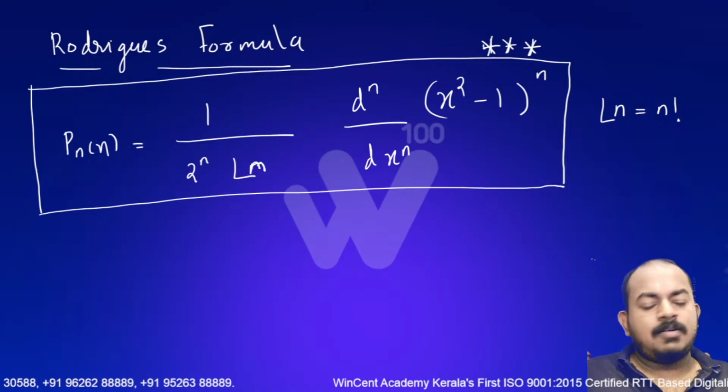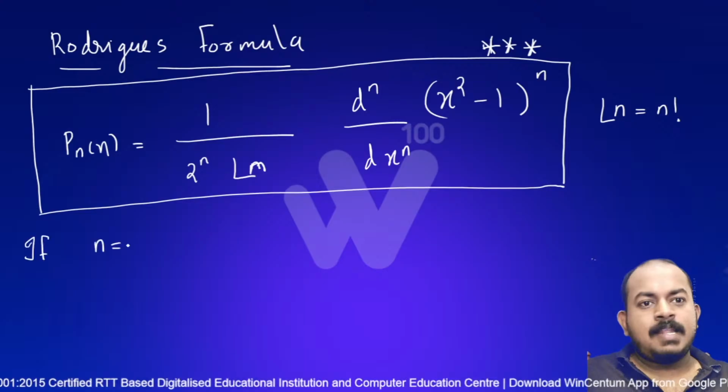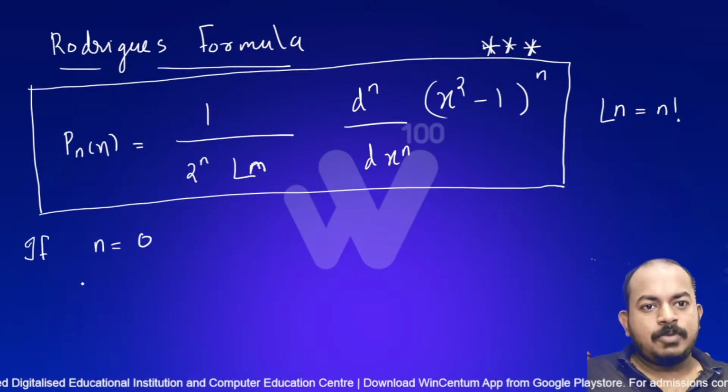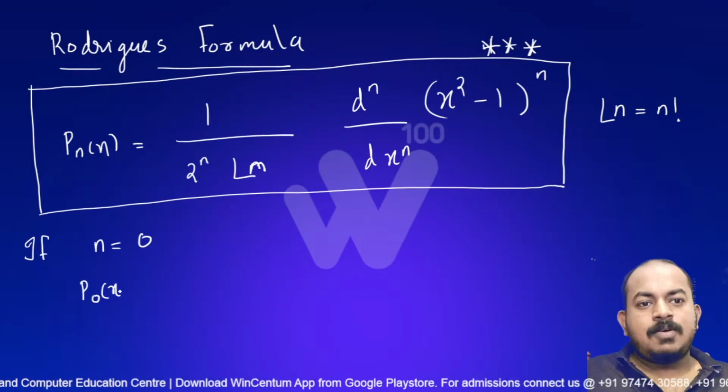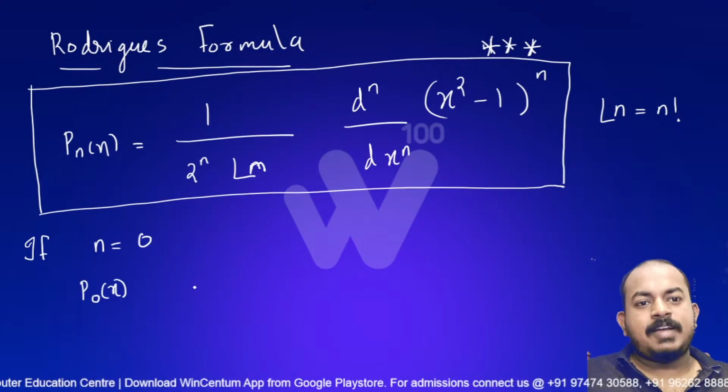So let's try to find out the first few Legendre's polynomials. If n equals 0, we will get p naught of x, or p0 of x. We are just going to substitute in this equation.